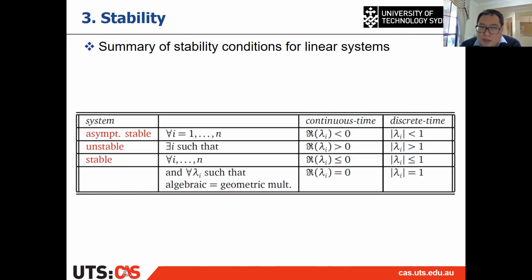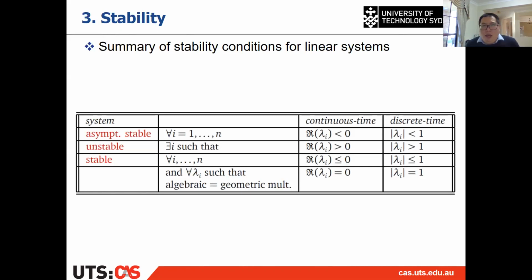For the continuous time system, if all the eigenvalues are negative or have negative real part, then it is stable. Otherwise, it's not. But for discrete time system, if all the eigenvalues' absolute values are smaller than 1, which means if all the eigenvalues are between -1 and 1, then that is stable. Otherwise, this is not.